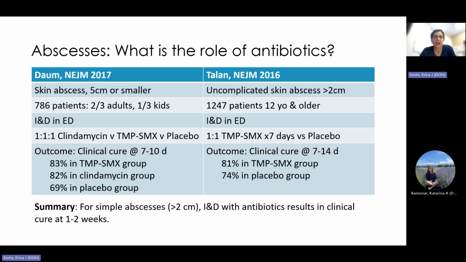They looked at ED patients, adults and kids, with an abscess, and they all got appropriate incision and drainage. Then they were randomized to an antibiotic versus placebo. The one on the left randomized to clindamycin versus trimethoprim-sulfamethoxazole or Bactrim versus placebo, whereas the other study looked at Bactrim versus placebo alone.